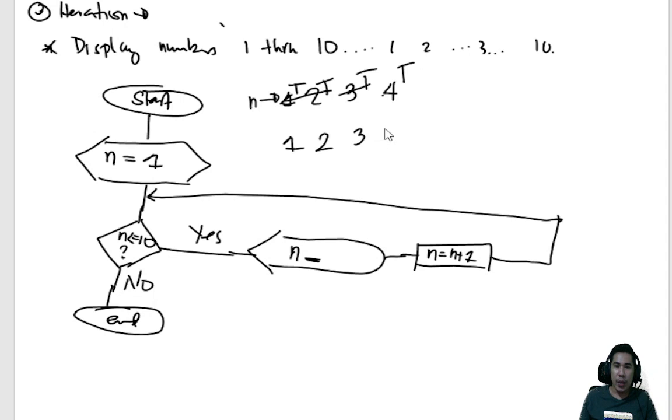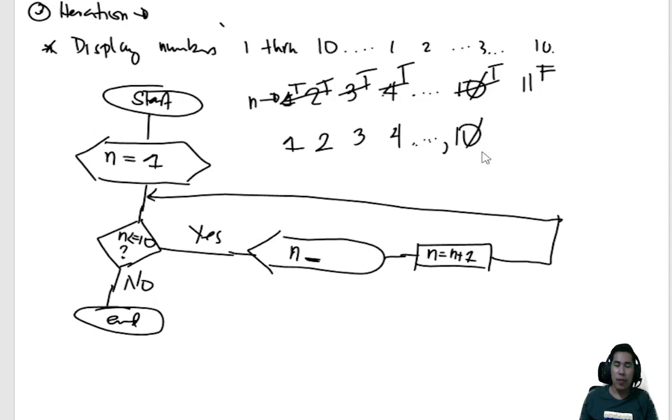Therefore, yes, print 4, and then until such time it reaches 10. Okay, is 10 less than or equal to 10? That's actually true. So therefore, it displays until 10. Okay? So it increments 10 by 1, it becomes 11. So this time, is 11 less than or equal to 10? That's actually false, or no. Therefore, it will stop from there.